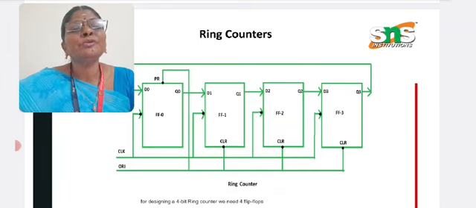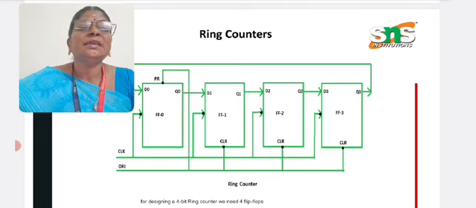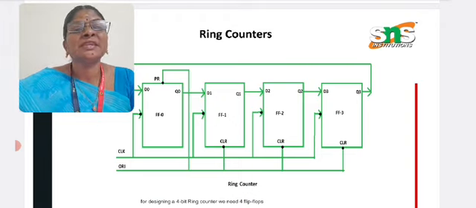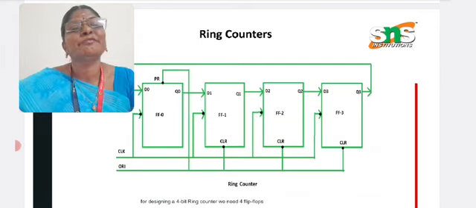The output Q1 of the second flip-flop is given as the input D2 to the third flip-flop. The output Q2 of the third flip-flop is given as an input D3 to the fourth flip-flop. Then finally, what we have to focus on is that the output Q3 is taken and given as an input to the first flip-flop again.